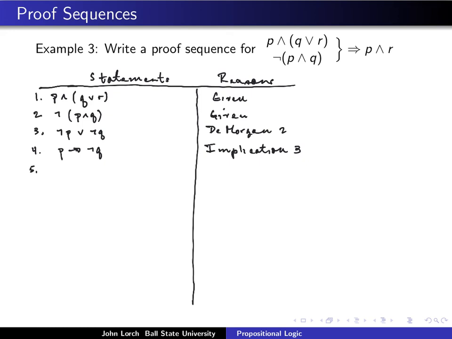And then, well, I would like to use modus ponens on item 4, but the problem is that I don't necessarily know P yet. But if I look at item 1, I can use simplification. Right, see, in item 1, I have P and something.